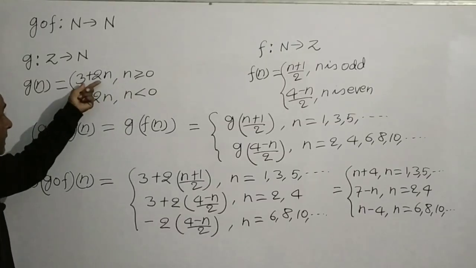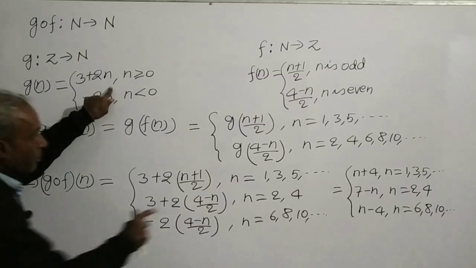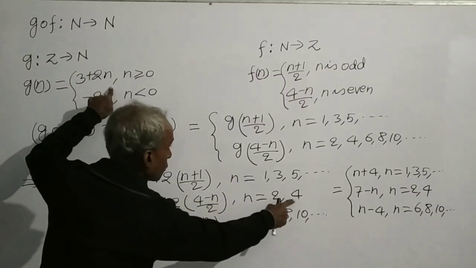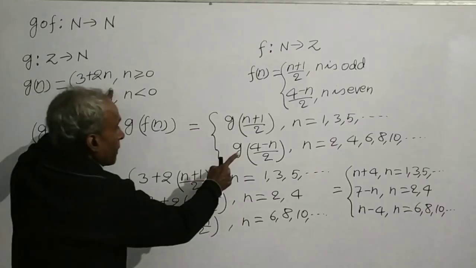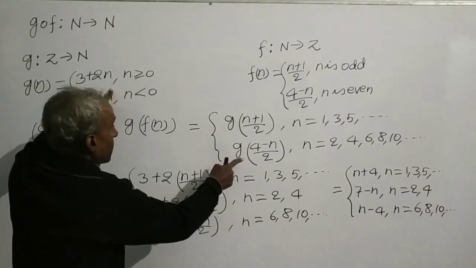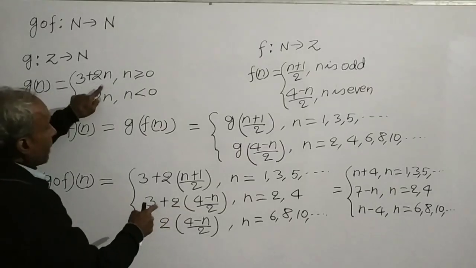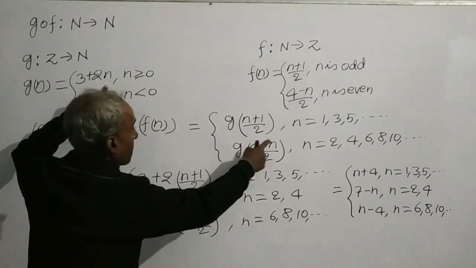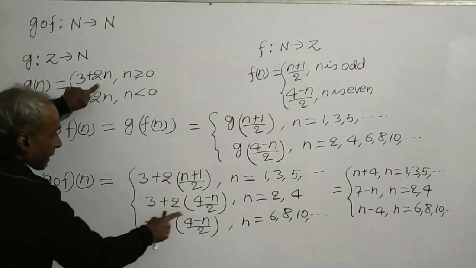Therefore, g will be written according to this rule. Therefore, for n equal to 2 and 4, this will be written according to this rule. We will write 4 minus n by 2 in place of n here.